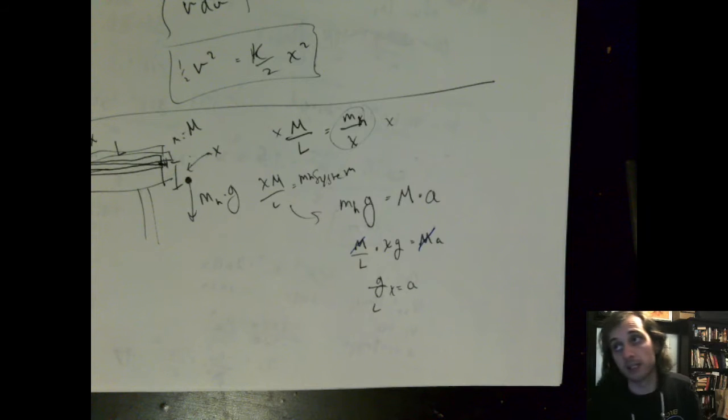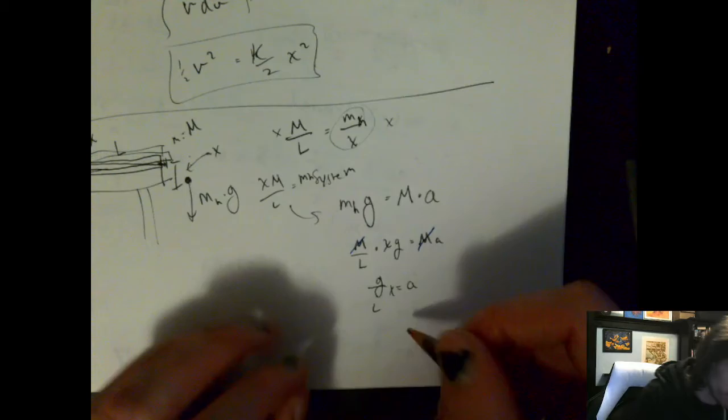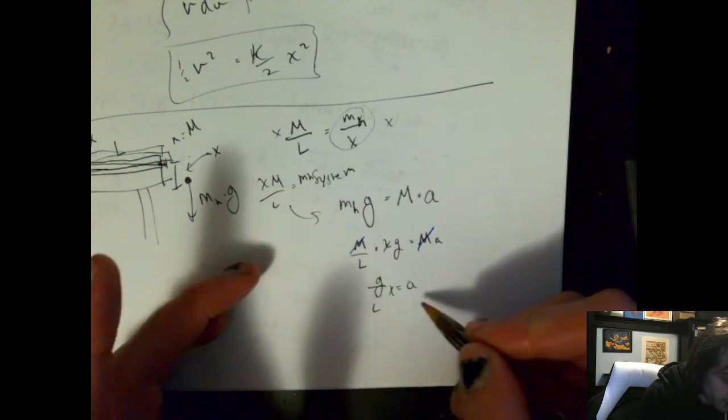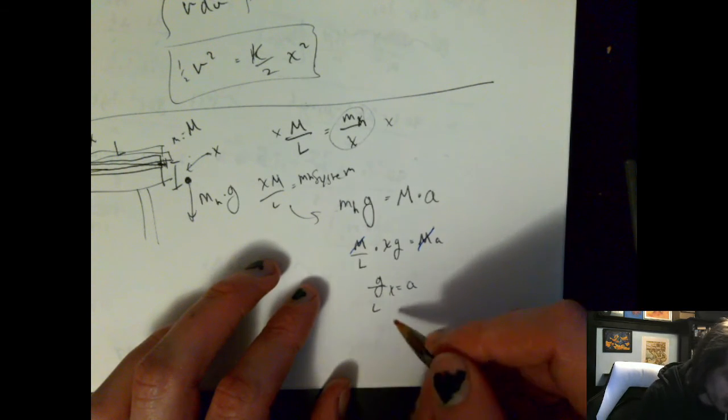To solve this, this is actually just like our last thing, except it's got G over L instead of a random constant. Our specific constant is that if we take gravity and divide it by the length of the chain, multiply that by the amount of chain that's slid off of the table, that'll give us our acceleration with respect to position, and specifically how far it's slid off the table. What we want to do for this one is the same thing that I was just talking about in the last part.